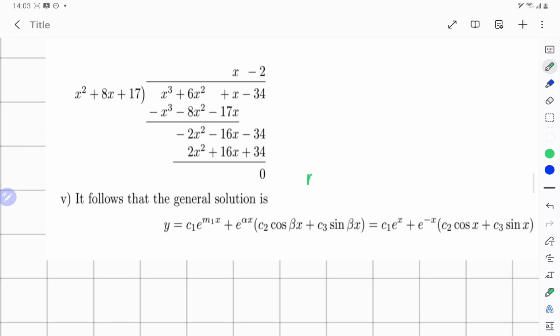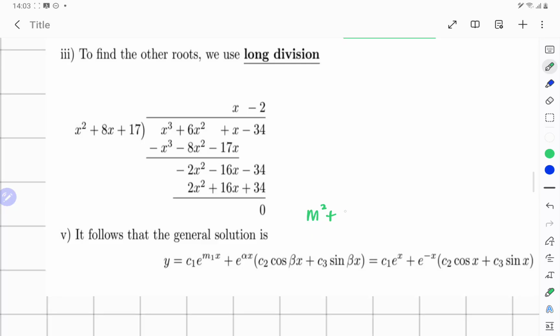So here I got an extra factor. I had m squared plus 8m plus 17. Now I also have m minus 2.